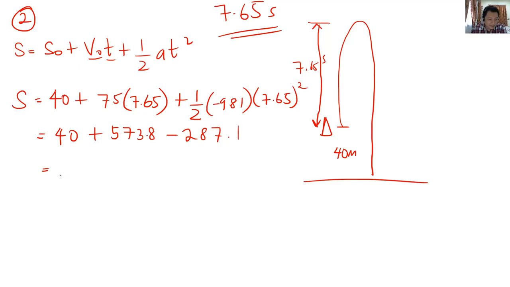So this gives S. Try to calculate: 40 plus 573.8 minus 287.1. Yeah, exactly. You're going to get 326.7 meters. Exactly.